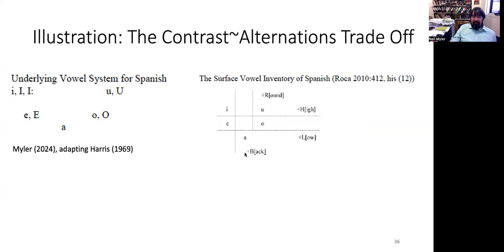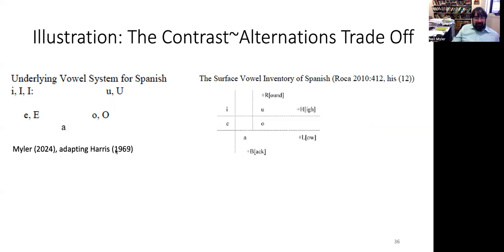In pursuing a purely phonological analysis of a number of semi-irregular alternations in Spanish, I ended up with an underlying vowel system with additional vowels, which are in capitals here, right?